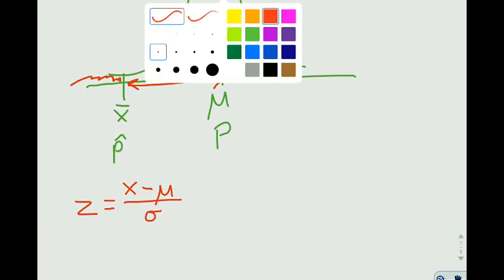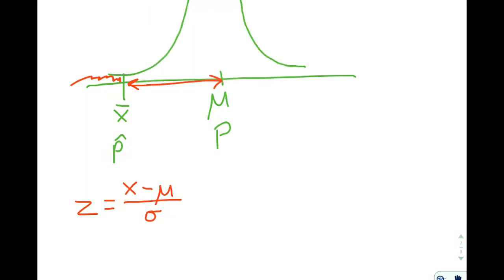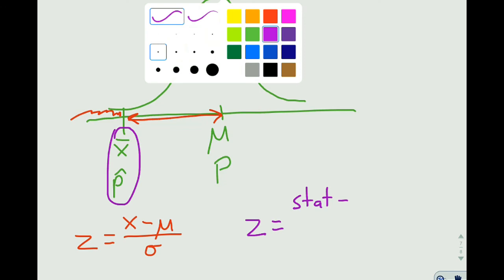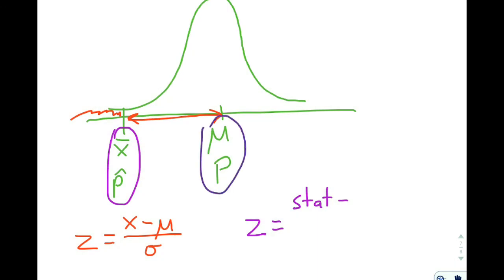Now if we're going to use this for sampling distributions, we have to get a little bit more advanced. We are going to say our z-score is equal to our statistic over here minus our parameter, or our null.